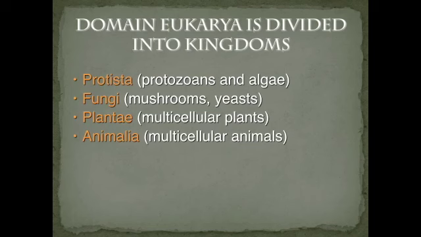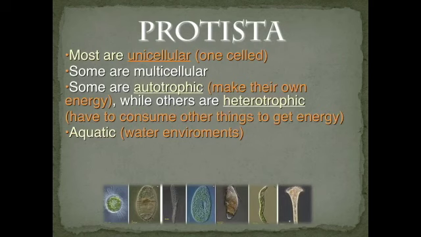Now let's talk about eukaryotes. The domain Eukarya is divided into kingdoms. Kingdom Protista, fungi, plants, and animals. So Protista, Fungi, Plantae, and Animalia. Now protists are unicellular, meaning one-celled, and they are autotrophic, or at least some of them are, meaning they make their own food.